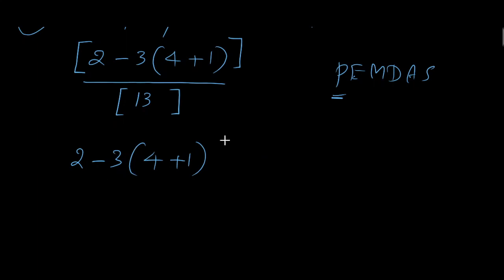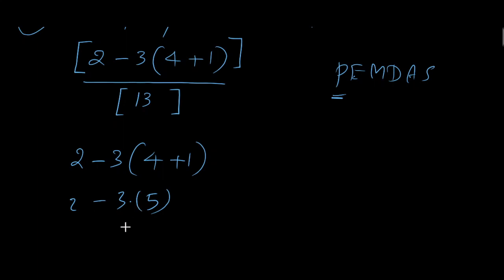So here once again we should use PEMDAS. Parenthesis is there, we should evaluate that first. 4 plus 1 is 5. Next, once again parenthesis, we already evaluated this. Exponents, no. Multiplication, division, yes, multiplication is here.